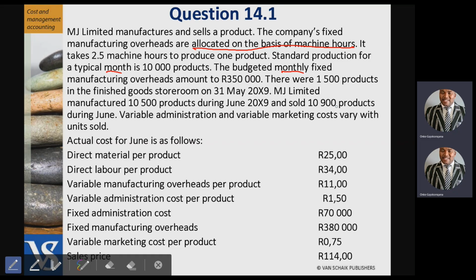Variable administration and variable marketing costs vary with units sold. That is something quite obvious that you need to know. And you've been given the other information, the actual costs for the month of June, starting from the direct material up until your selling price given there.